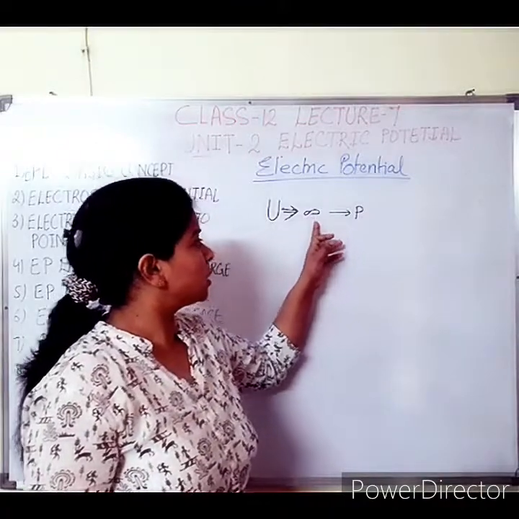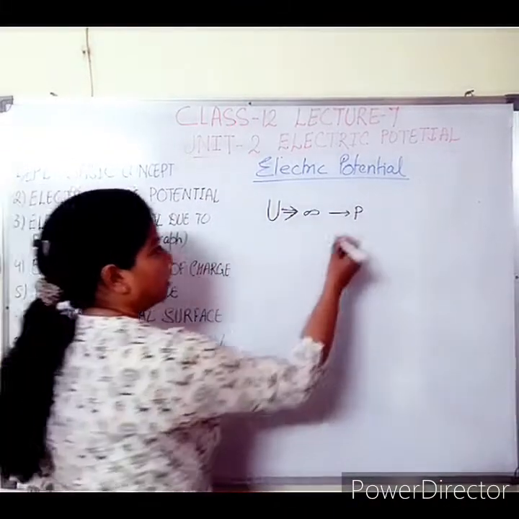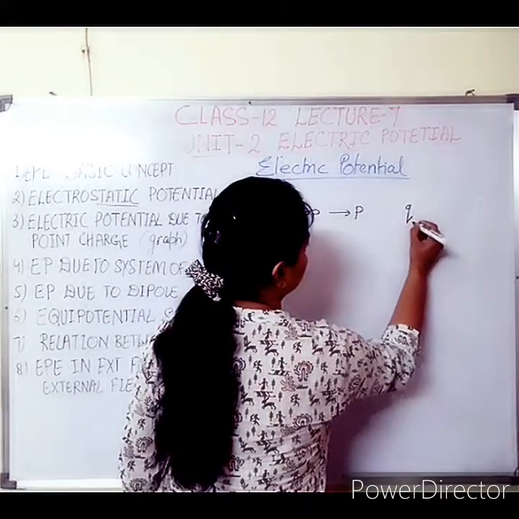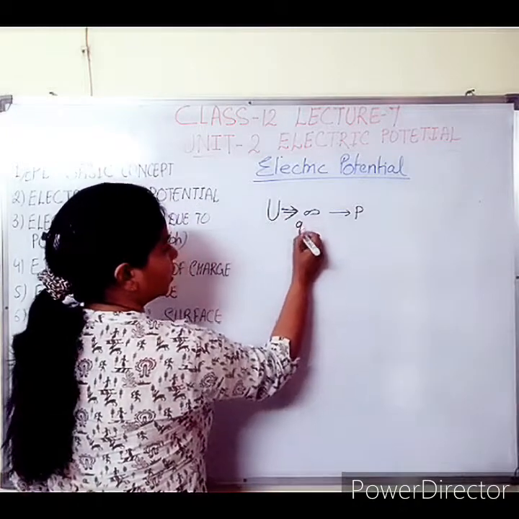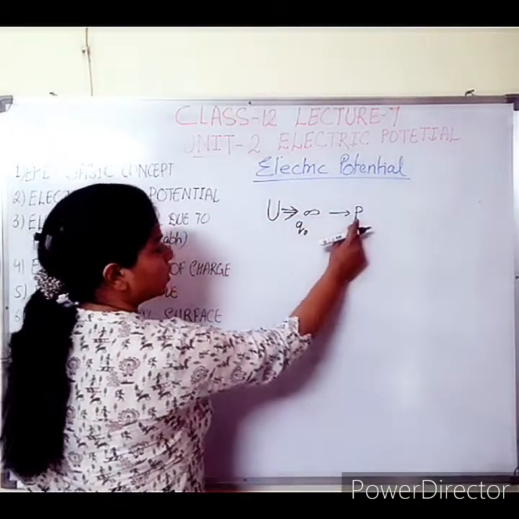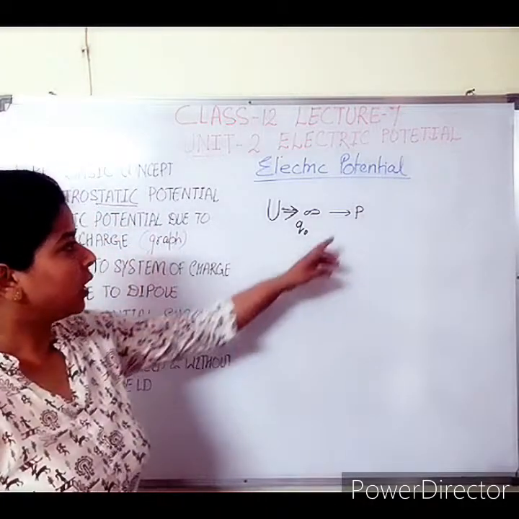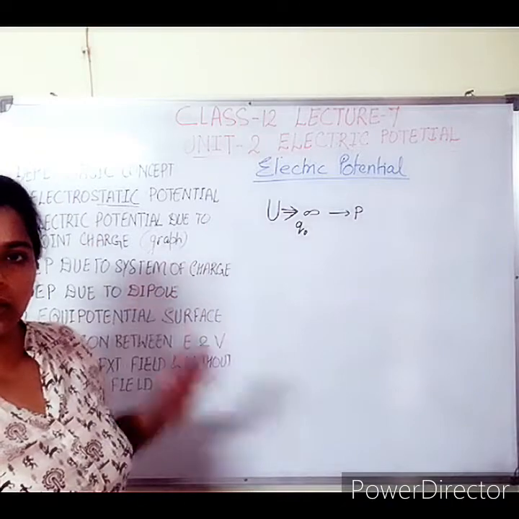So the definition was: the work done to bring the test charge from infinity position to a point in an electric field of the source charge is called electrostatic potential energy.